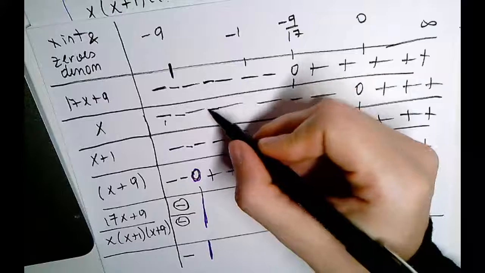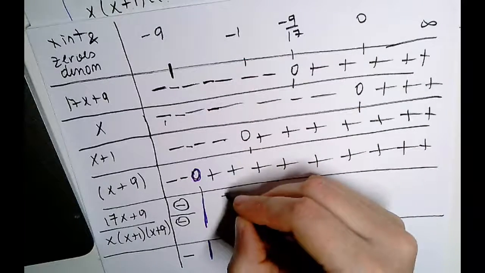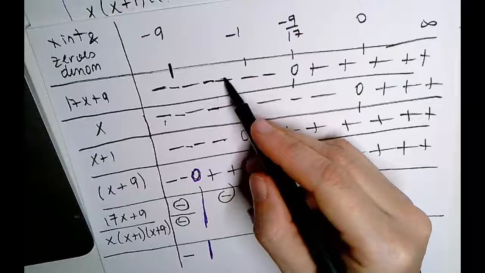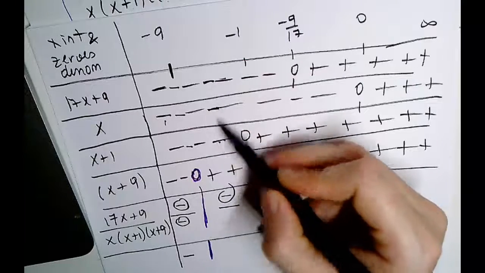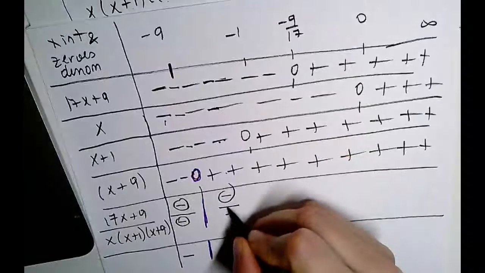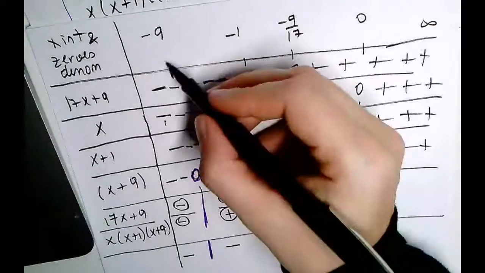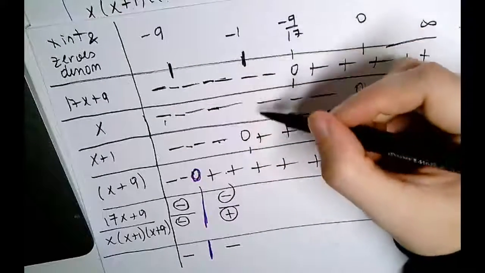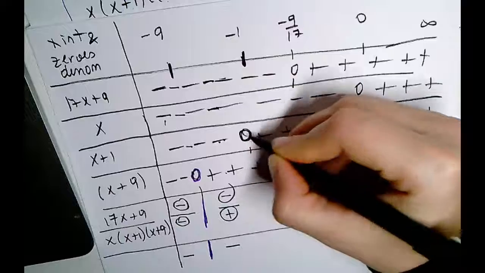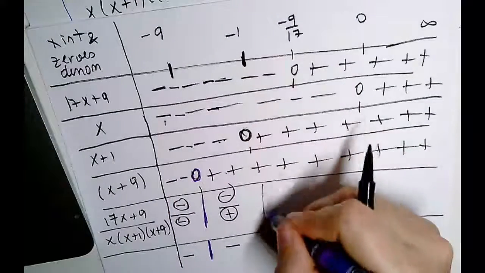So a negative divided by a positive: negative for 17x plus 9, and then a positive, because a negative times a negative is a positive, and times another positive is a positive. So we're going to have a negative between negative 9 and negative 1. At negative 1, again, we're going to have division by 0, because x plus 1 is 0 there, so it's going to be undefined.